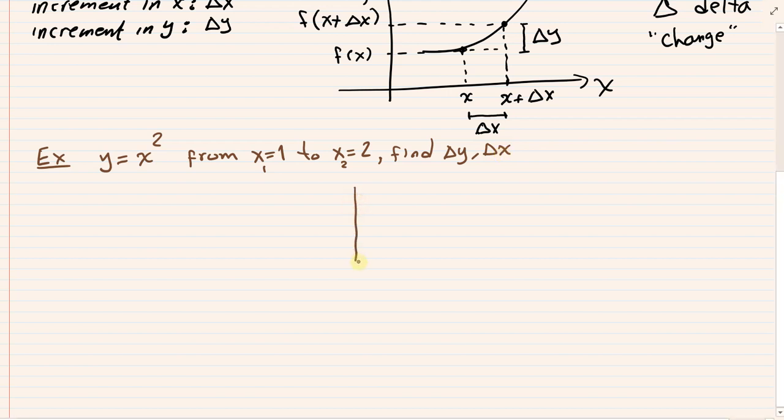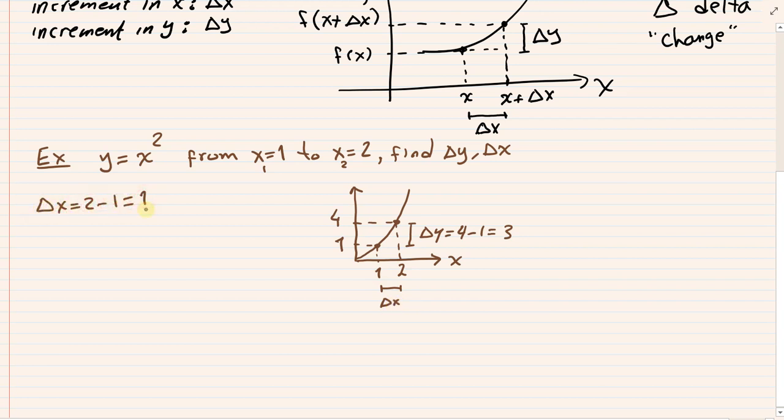Now on the graph, of course, this is the basic parabola. Let's say this is the point when x is 1, y is 1 squared, which is 1, and you go to 2. When x is 2, 2 squared is 4, right? So you can see that the change in y, that's delta y, is going to be 4 minus 1, which is 3. And delta x here is the change in x, so delta x is going to be 2 minus 1, 1 unit.